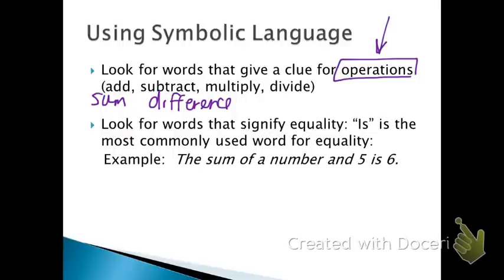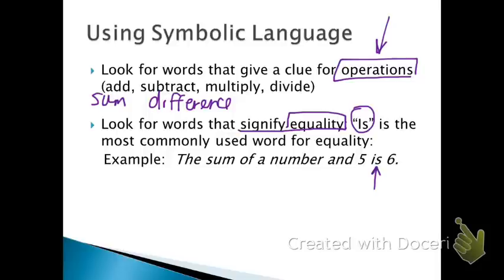Okay, and then we're going to be working with equations in this lesson and in this module. Equations are two expressions set equal to each other. There's going to be an equal sign, so we want to look for words that signify equality. The most common word for that is "is." An example here is: the sum of a number and 5 is 6.